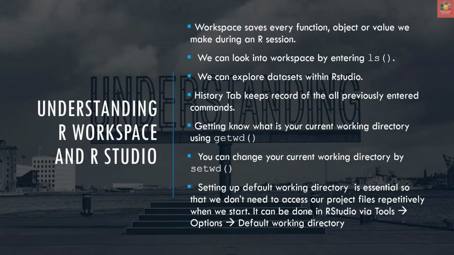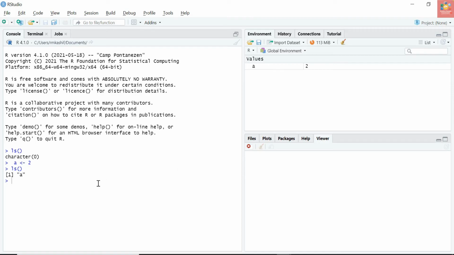And how to know our current working directory? If we want to know our current working directory, we will write getwd. So you see it is my current working directory, and if I want to change my current working directory, I will simply write C:/users.